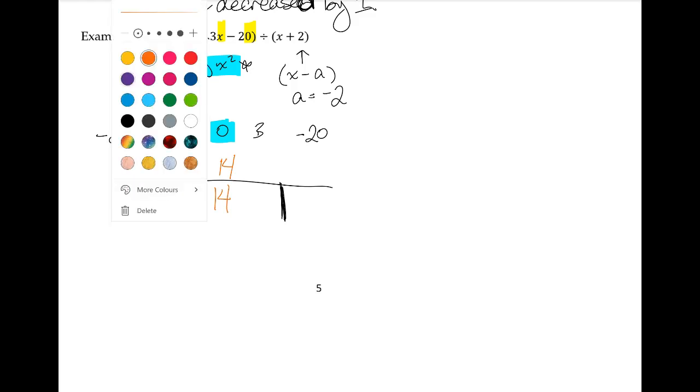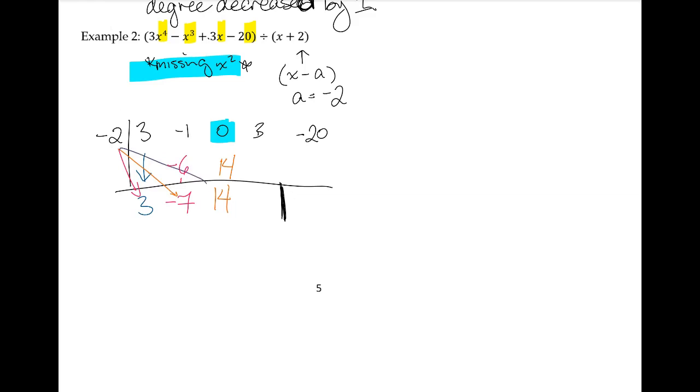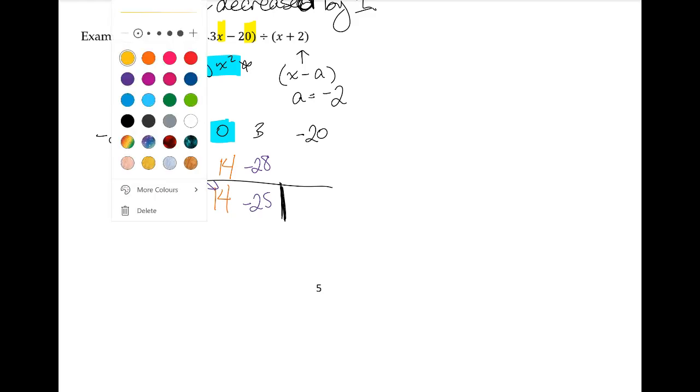Then I'll multiply again. -2 by my more recent number is going to be -28. Add them together is -25. Times -2 gives me 50, which leaves me with a +30 remainder.